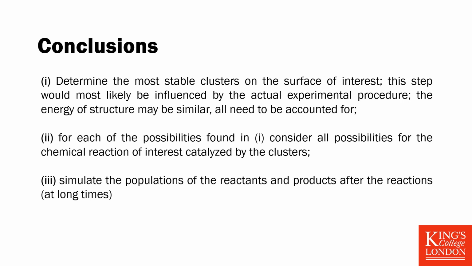The second thing is that we considered all possibilities for the chemical reaction of the catalysis of interest. And the third one is we simulated the populations of the reactants and the products of the reactions.